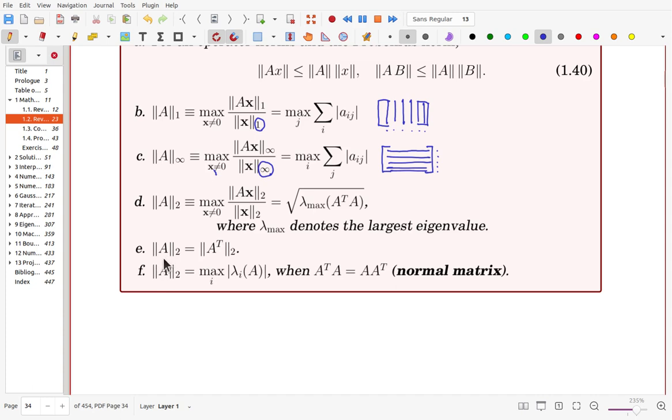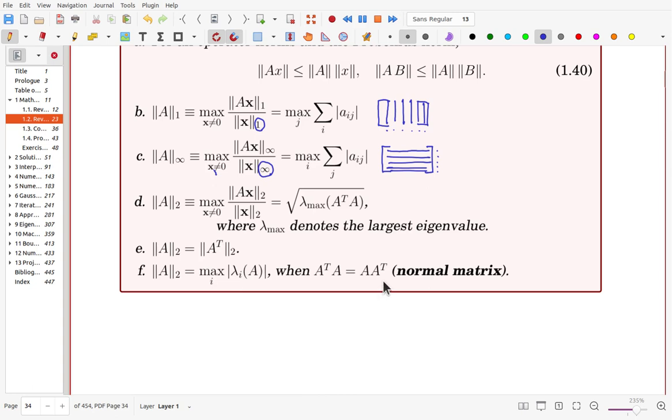Now the A2 norm is the same as the A transpose 2 norm. For the 2 norm, it's true. And here, once the matrix is a normal matrix and satisfies this identity, then the A2 norm is simply the largest eigenvalue of A in modulus.